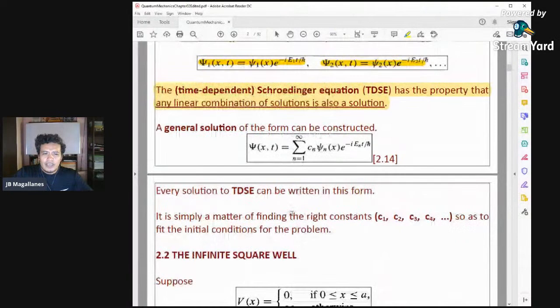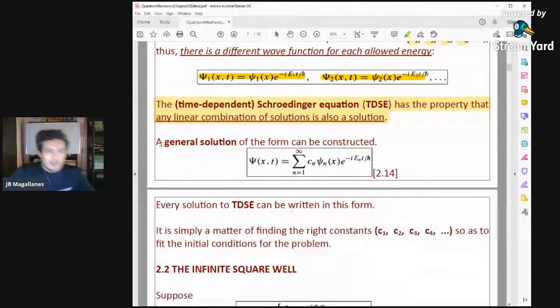So if you write the general solution of the Schrodinger equation, it would be this, where each psi represented by this one will have a contribution.